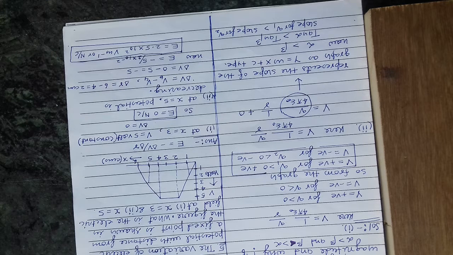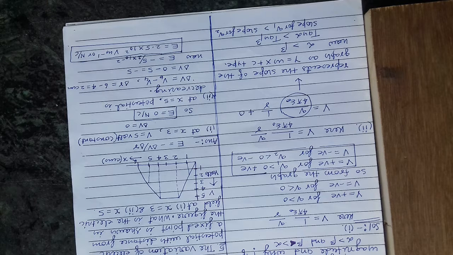Here c is 0, the intercept is 0. 1 by r is taken on the x-axis, V is taken on the y-axis. So Q upon 4 pi epsilon naught represents m. m is the slope of the graph. So I have stated here that Q upon 4 pi epsilon naught represents the slope of the graph.